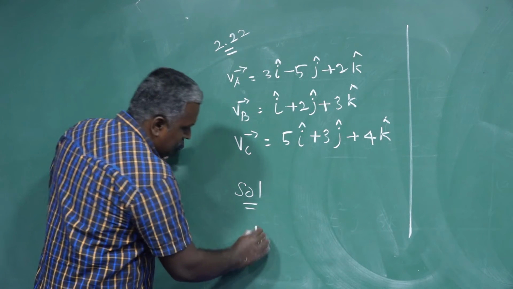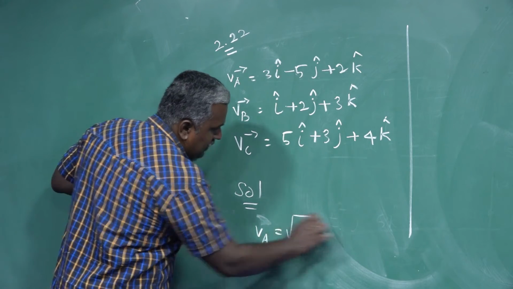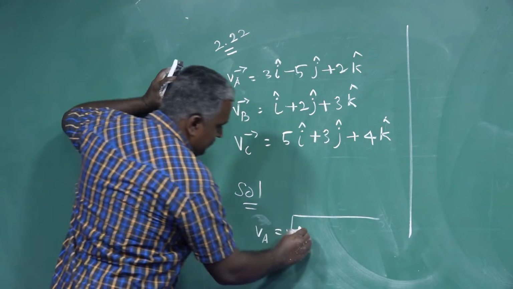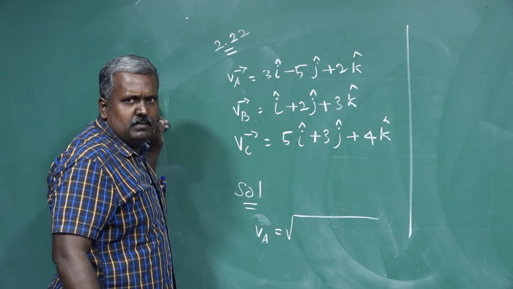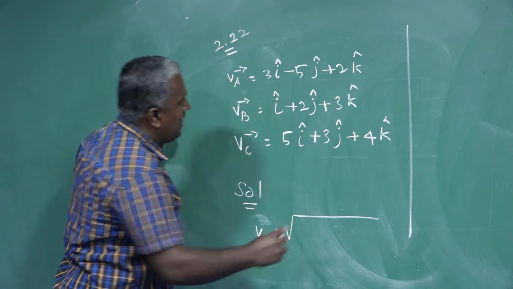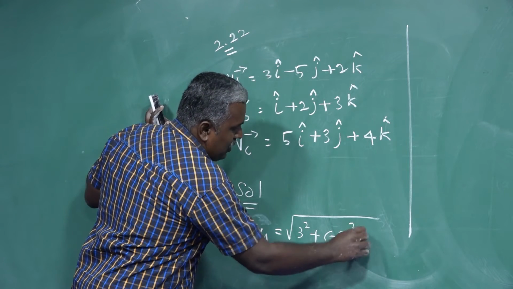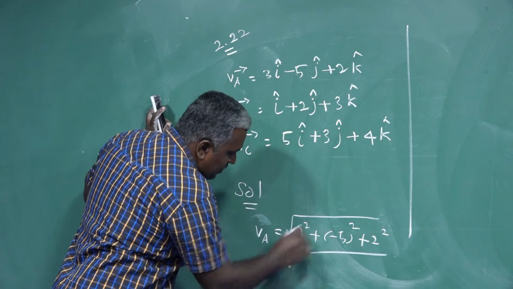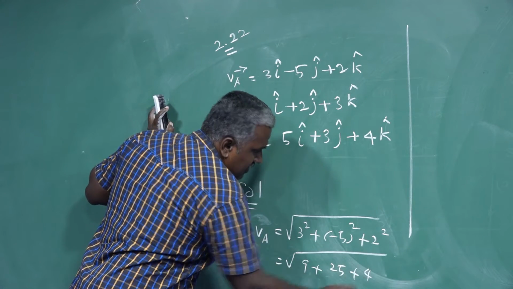First, velocity of particle A. The general formula is already written, but if you take only the magnitude, then 3 square plus minus 5 whole square plus 2 square. So root of 9, 25, 4.